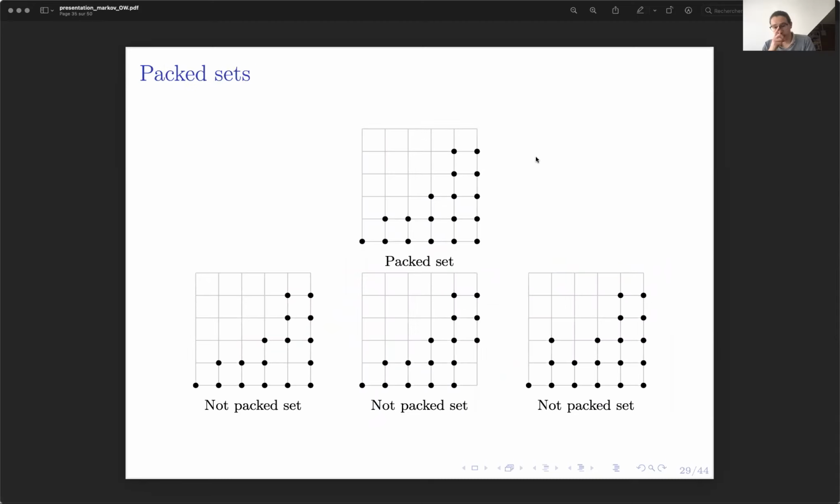We have another useful definition for the proof, which was the packet set. So a packet set is something like that. You cannot have an hole. If you start a column, you must go to 0. And if you have a column here, next, you are obligated to be at least the same height on the right.